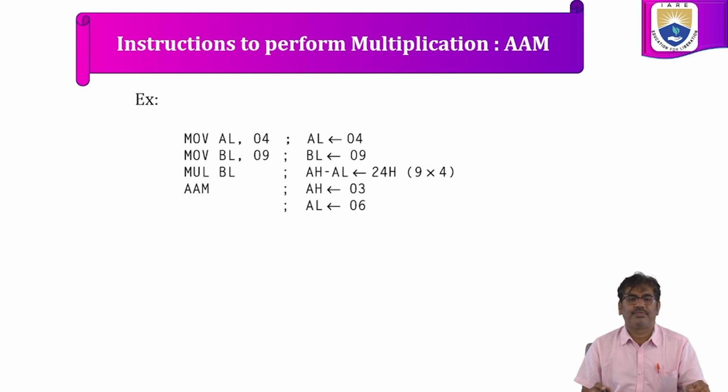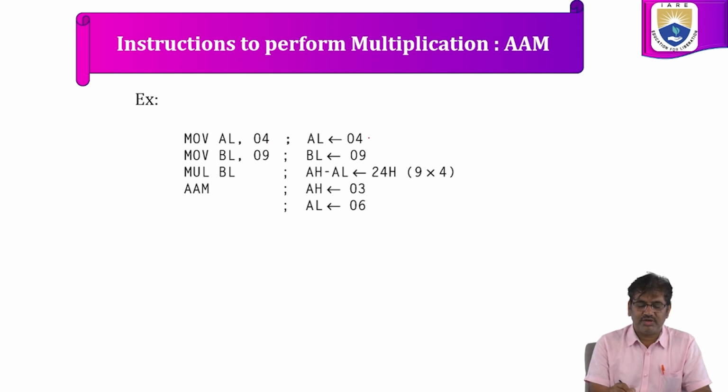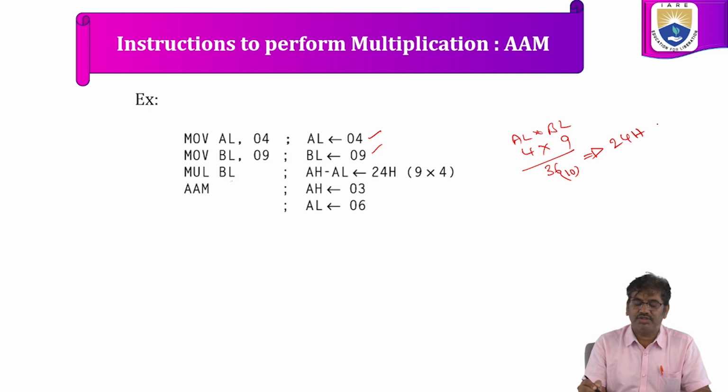Example, MOV AL, 04. So AL is loaded with 04. MOV BL, 09. That is, BL content is 09. Then we are given MUL BL. Here BL is 8-bit. So the AL register contents will be multiplied with the BL register contents. AL is 4 and BL is 9. 9 fours are 36. It is in decimal, but in hexadecimal the equivalent value is 24H.